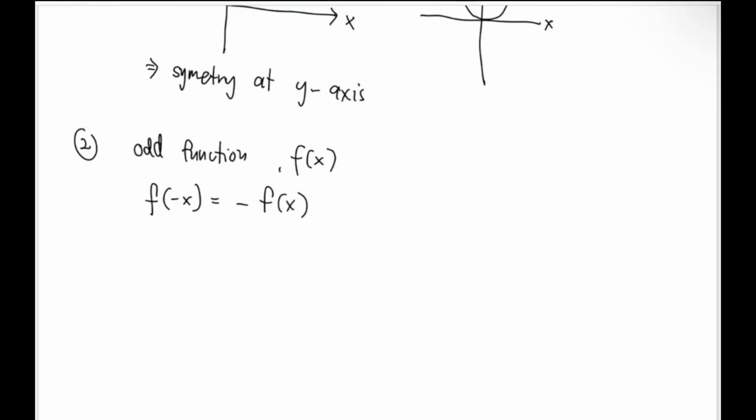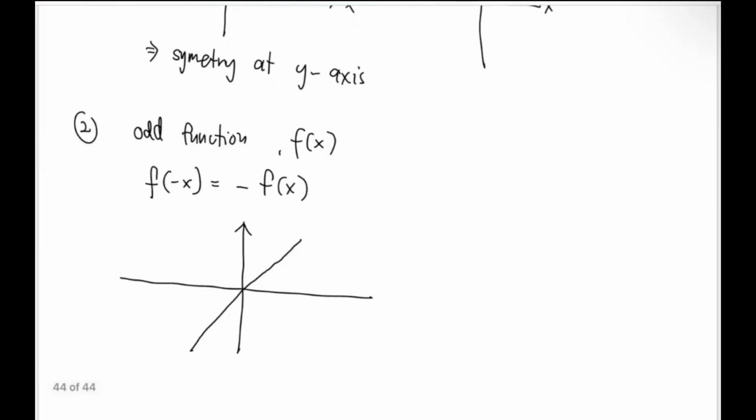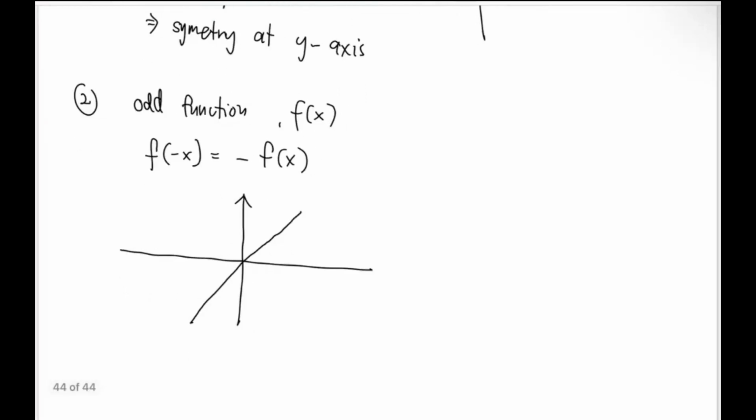If we try to sketch the graph, you see that our function is symmetry at the origin. So how do we know the graph is symmetry at the origin? You flip 2 times.